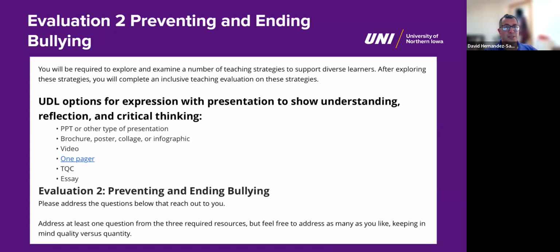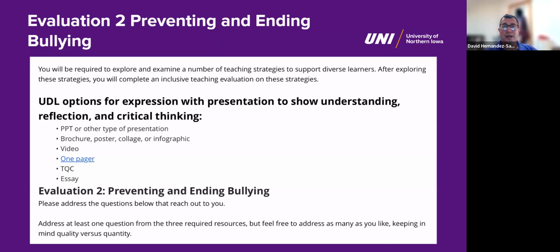Now to discuss Evaluation 2. For Evaluation 2 on preventing and ending bullying, you will explore and examine a number of teaching strategies to support diverse learners who may be experiencing bullying, and ways to explore strategies that can help end bullying.